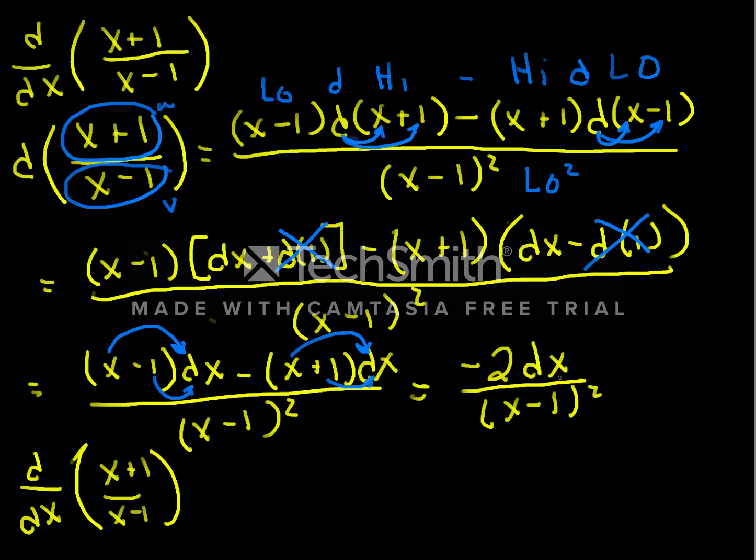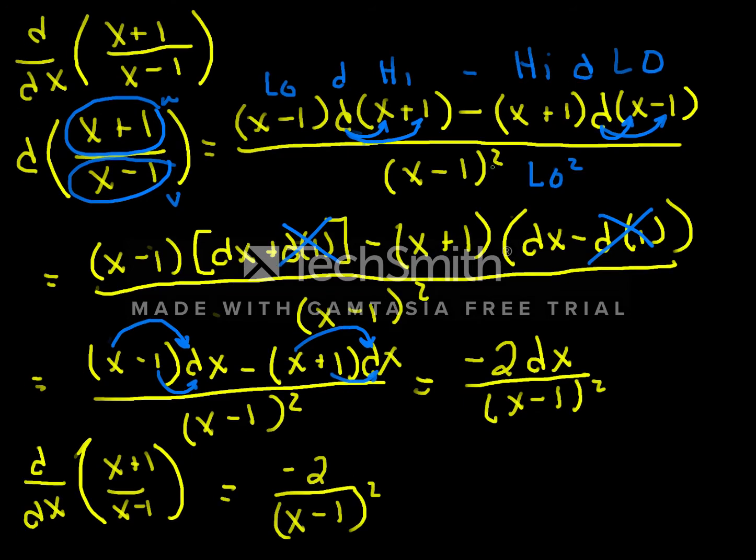It's negative 2 dx over x minus 1 squared. So if we divide through by a dx, it'll cancel with that. And so the answer is negative 2 all over x minus 1 quantity squared.